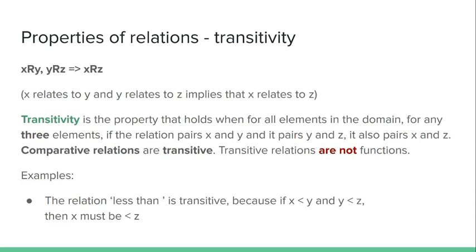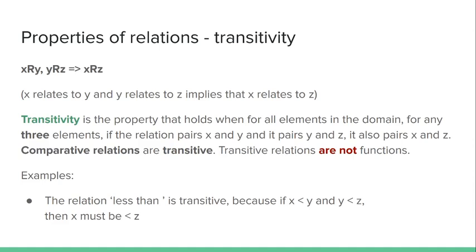That means that 1 is less than 2 and 1 is less than 3. And 1 is less than 4 and 1 is less than 5 and 1 is less than 6. So in transitive relations, these relations are never functions because the input always maps to multiple outputs.